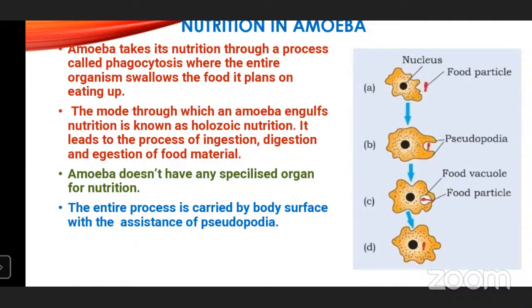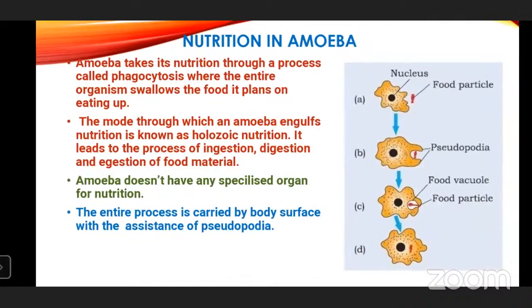Some other organisms derive nutrition from plants or animals without killing them. This parasitic nutritive strategy is used by a wide variety of organisms, as we already learned. Yes, this is a single celled organism, amoeba.